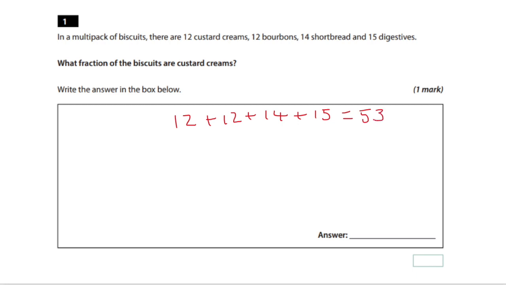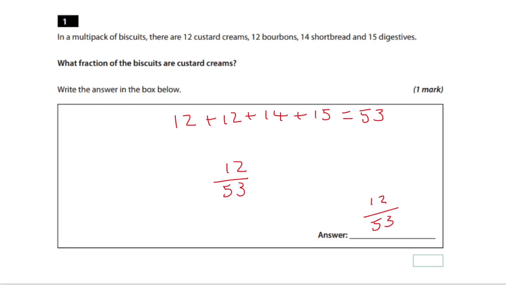So that will be our denominator. So how many custard creams are there? There's 12. So that will become our numerator. So that's our answer, 12 over 53. And as you can see, we can't really reduce that fraction anymore because 53 is a prime number.